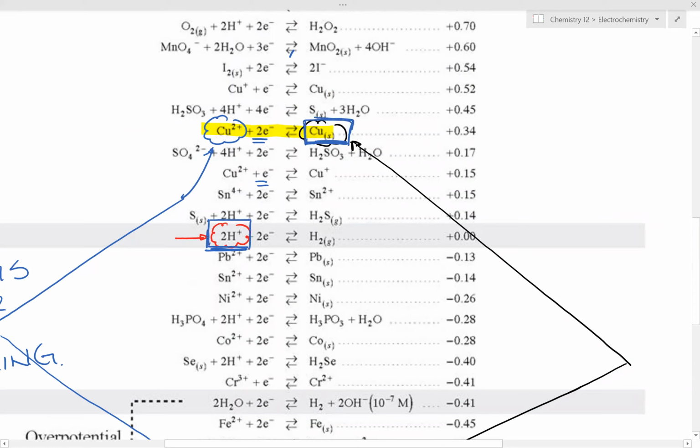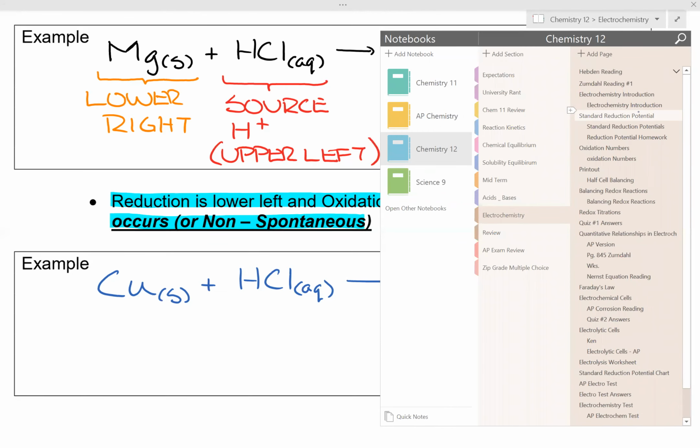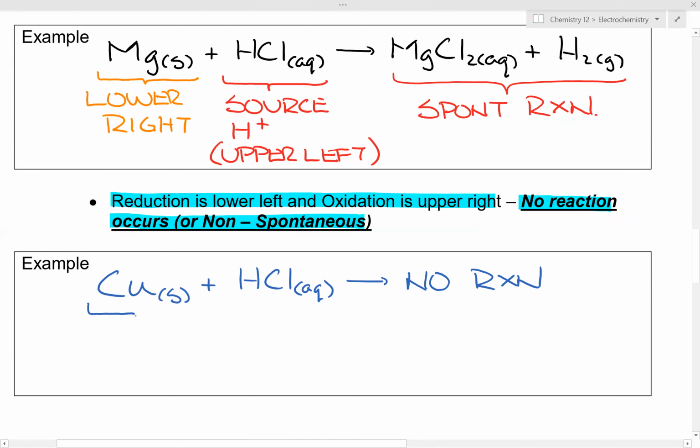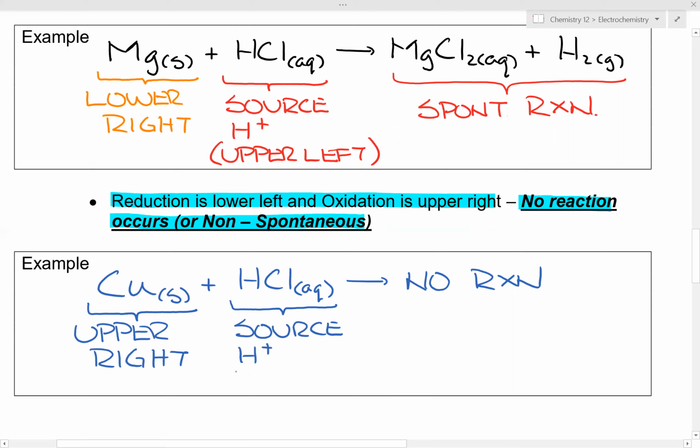Because copper solid is upper right and the H+ is lower left, you have no reaction. Again, HCl is a source of H+, which is lower left. This is why we have no reaction, or non-spontaneous.